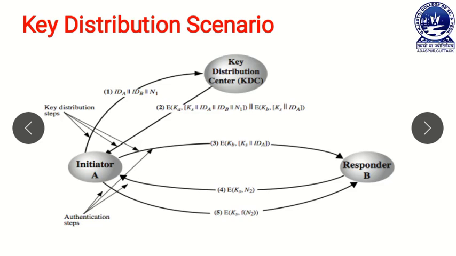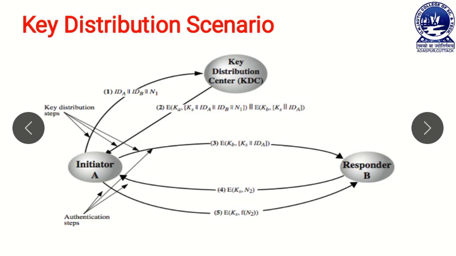Next, assume that user A wishes to establish a logical connection with user B. A has a master key, KA, and that KA is only known to A itself and the key distribution center KDC.